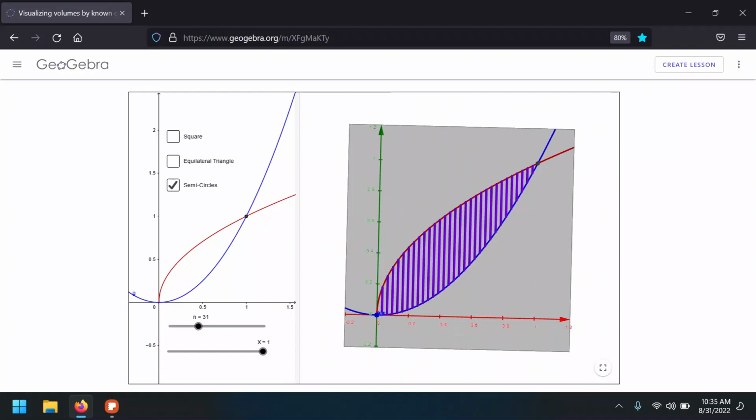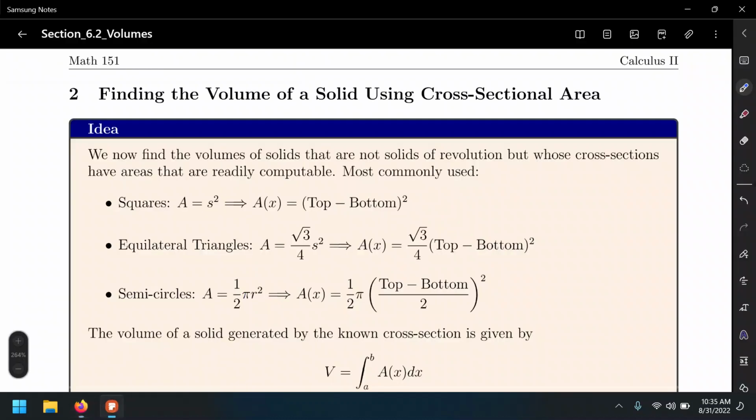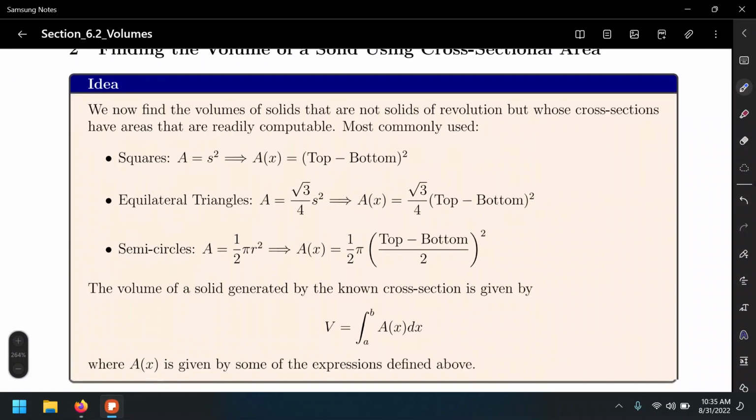So how do we set up the integral? They're going to tell us what the shapes of these cross sections are going to be like: squares, equilateral triangles, or semicircles. And again, the same thing about top minus bottom applies here.